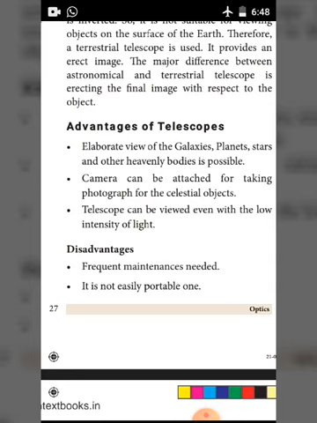This is the main disadvantage. The next point, it is not easily portable. That means we cannot shift it to any place. So these two points are disadvantages. Advantages of telescope and disadvantages of telescope, that is a two mark question.